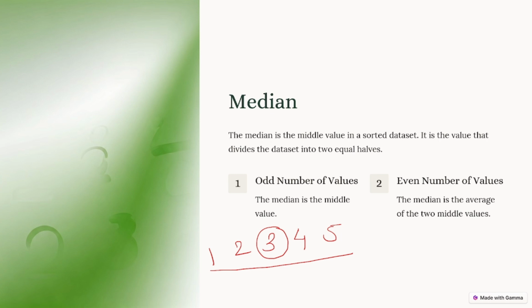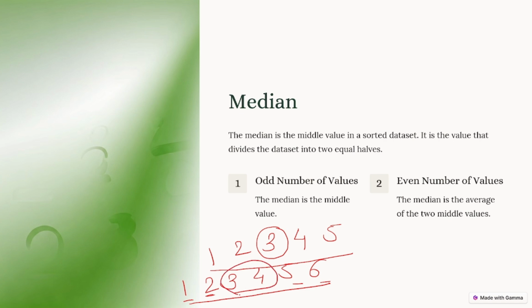But in case you have 1, 2, 3, 4, 5 and 6, then how can you decide the median value? In that case, you first find the middle two numbers. The middle numbers are 3 and 4.